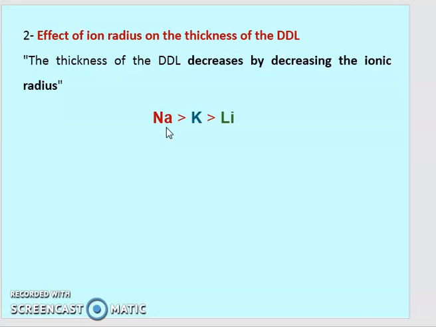Sodium here is more than potassium, and more than lithium. The thickness of the double layer decreases by decreasing the ionic radius. Okay.